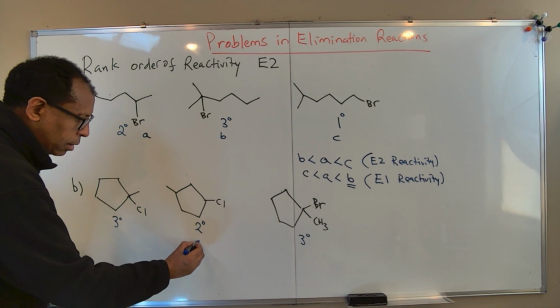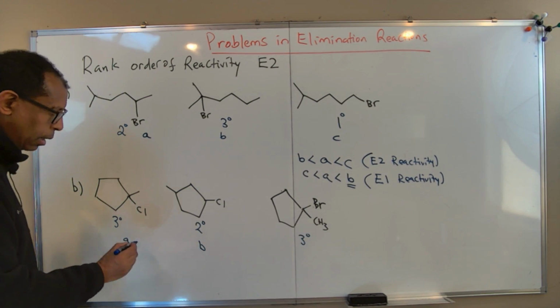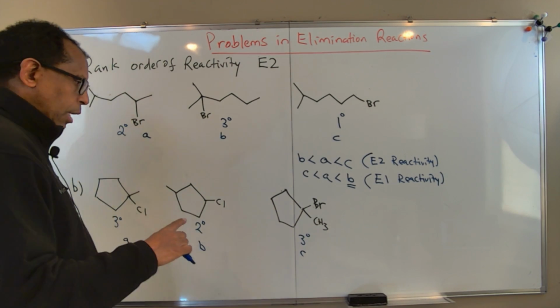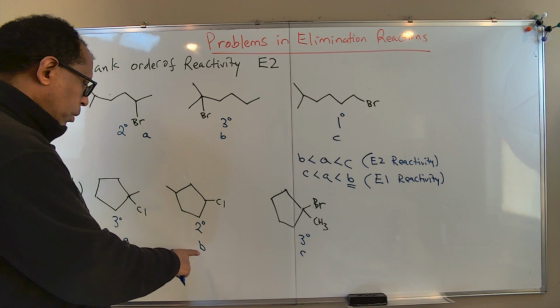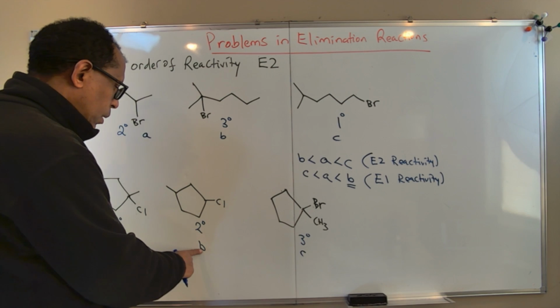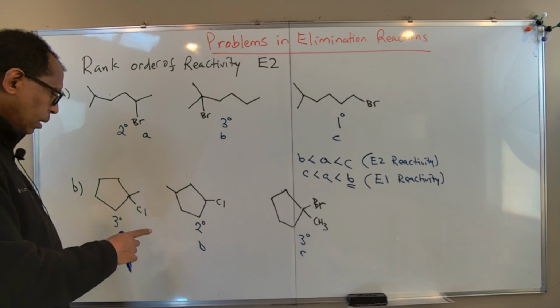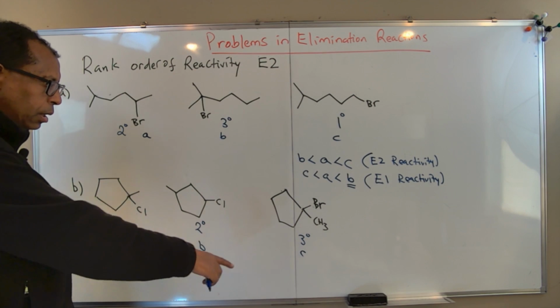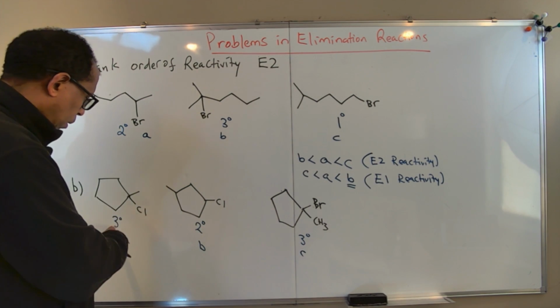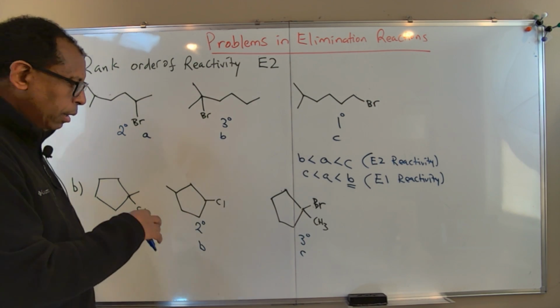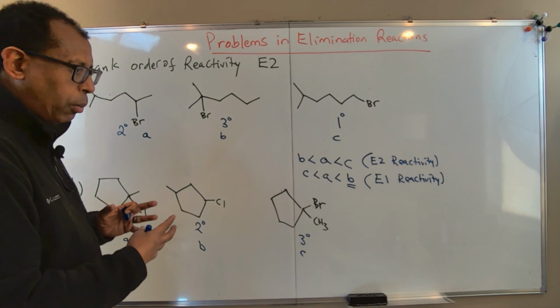If I say this is B, this is A, this is C, now the fastest would be B. The least reactive would be A, that would be the tertiary carbocation.